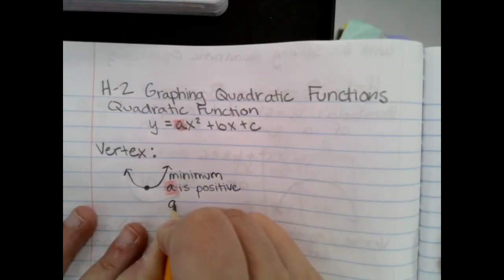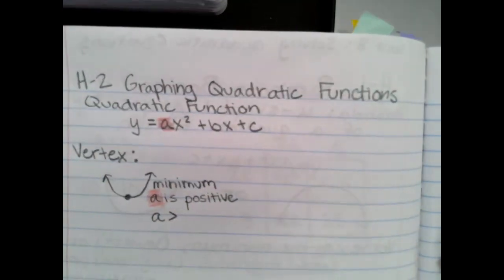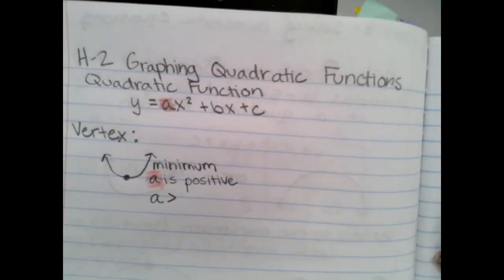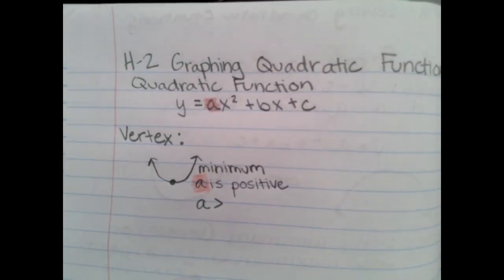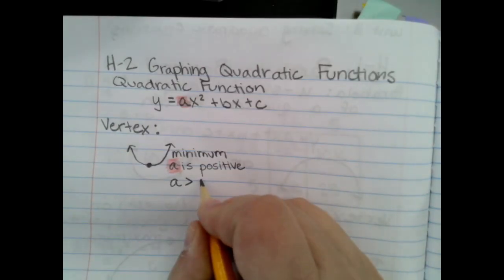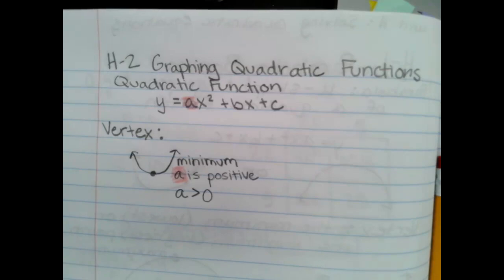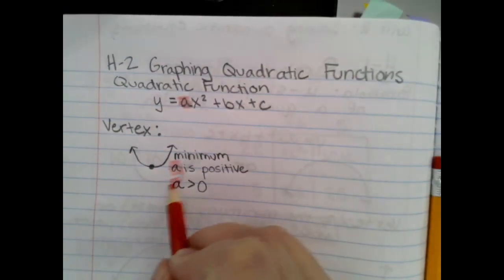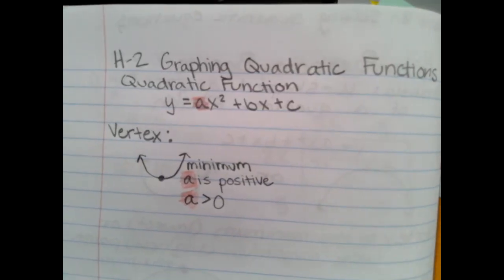Another way to write that is A is greater than... What number does A have to be bigger than in order for it to be positive? 0, yep. So for some people that might be a better way to write that. If that makes you like, I don't know what that means, just think positive.